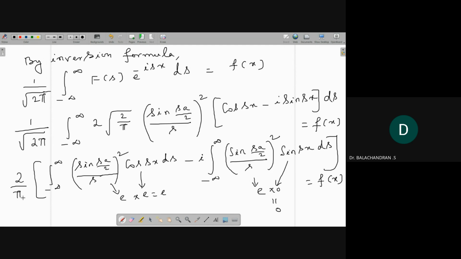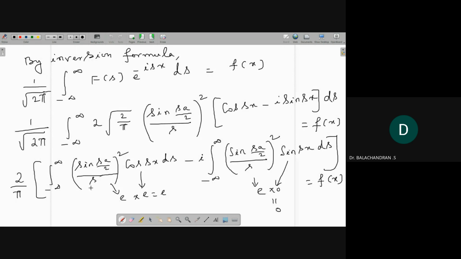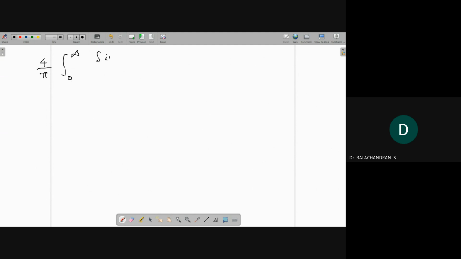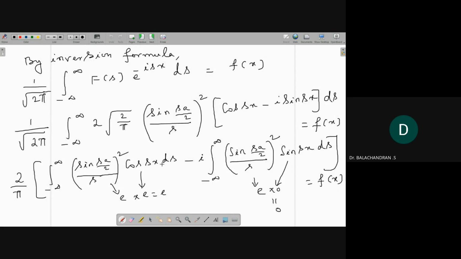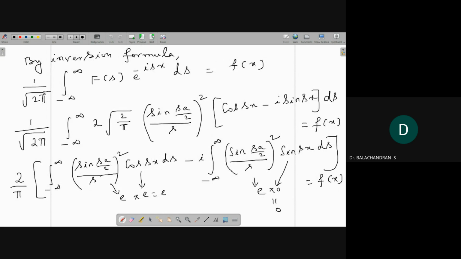So 2 into 2, 4 by pi, limit is from 0 to infinity, sin sa by 2 by s whole square into cos sx into ds, which is equal to f of x, since the second integral is 0.